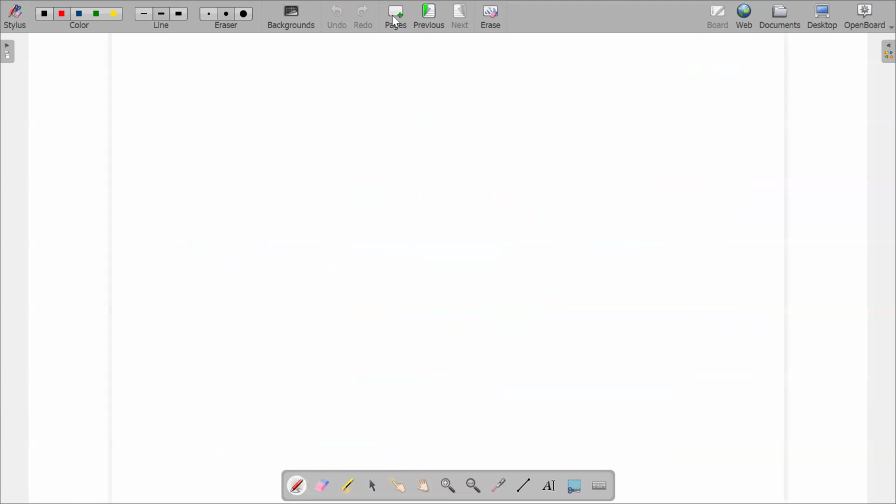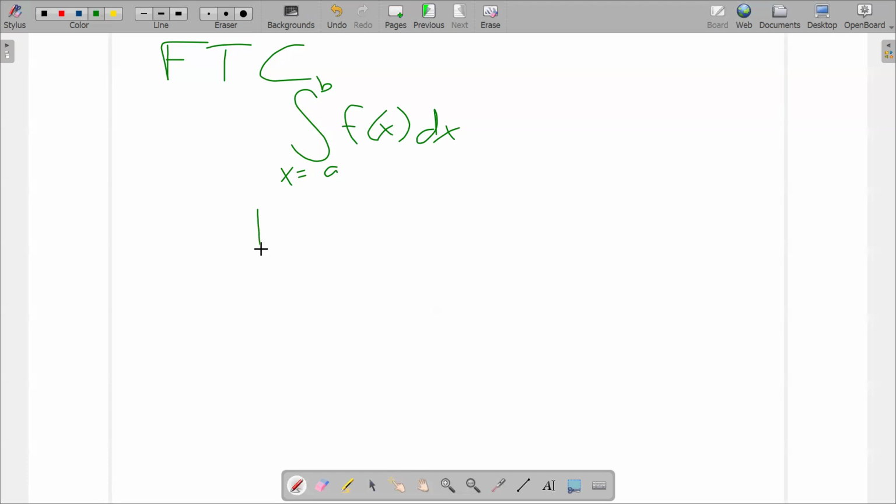So next, the fundamental theorem of calculus says that if you take the integral of some function little f of x dx from a to b for x, and you know some other function, actually I don't like using big F, I like using an A, you know some other function A of x, that's my area function.